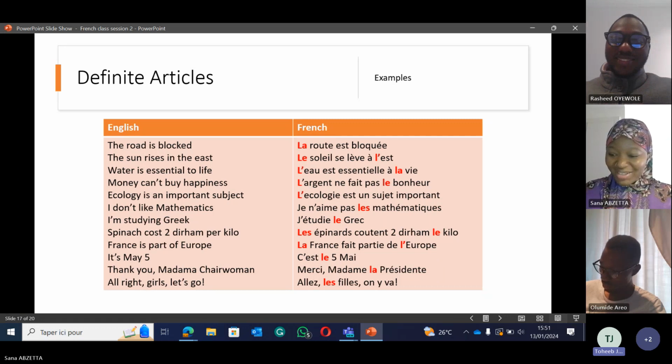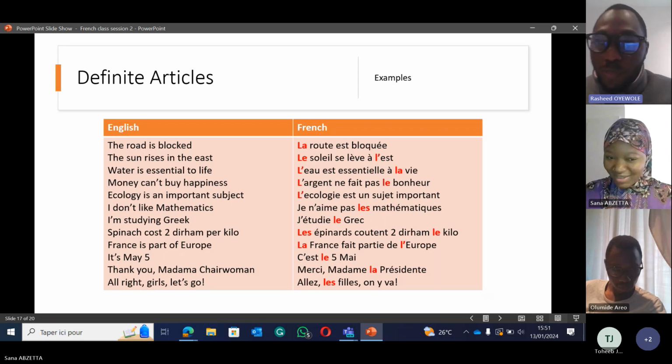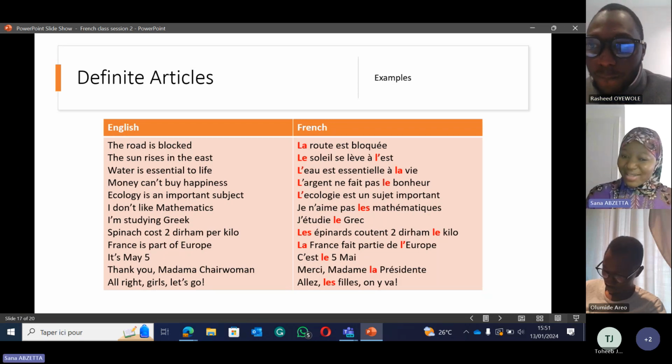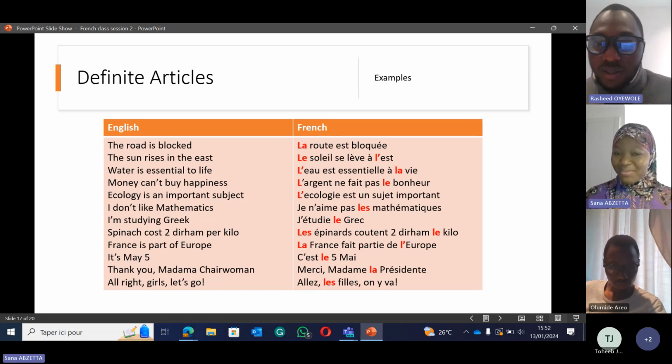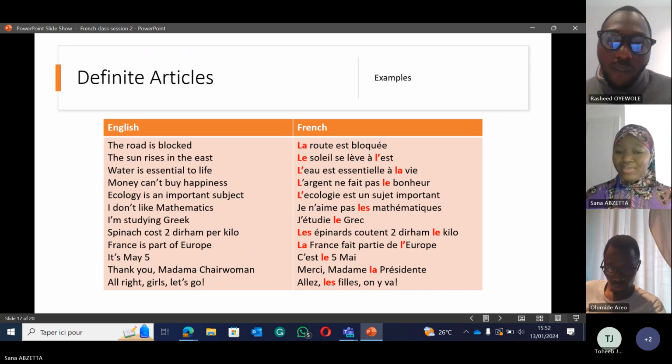Continue. La France fait partie de l'Europe. La France fait partie de l'Europe.